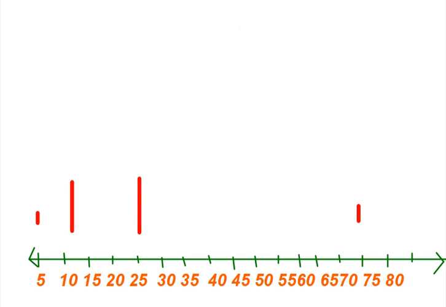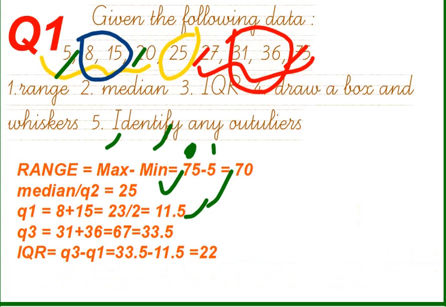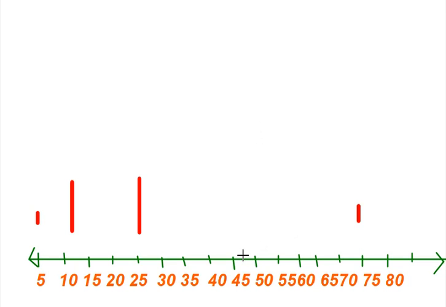In our next video, we're going to discuss the skewness of the data. You look at the box and whisker and you see where the Q2 lies between Q1 and Q3. That's quite simple. We're going to talk about it in the next video. Then we have Q3, which is 33.5, and 33.5 is somewhere there.